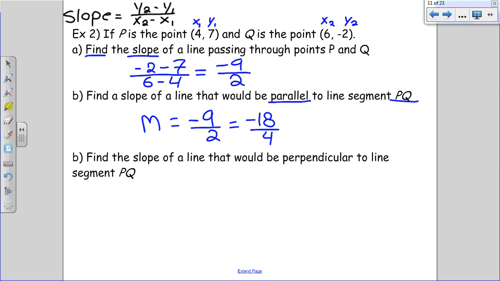Part C, which is labeled Part B for some reason. A little bit of a typo. Find the slope of a line that would be perpendicular to the segment PQ. What does perpendicular mean I have to do? Negative reciprocal.